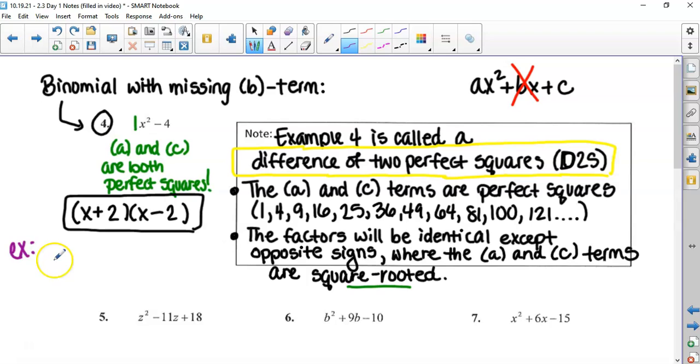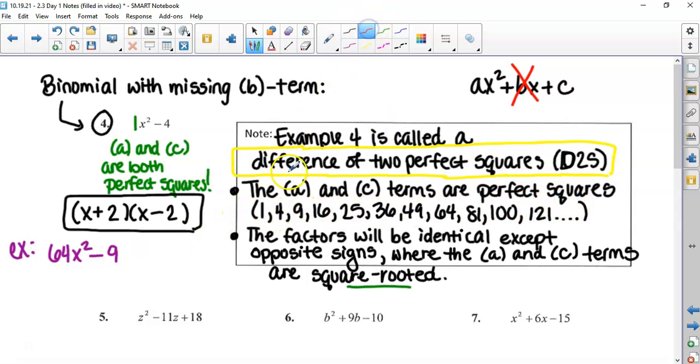What if I said 64x squared minus, let's pick another one on the list here, 9. 64x squared minus 9. 64 and 9 are both perfect squares.